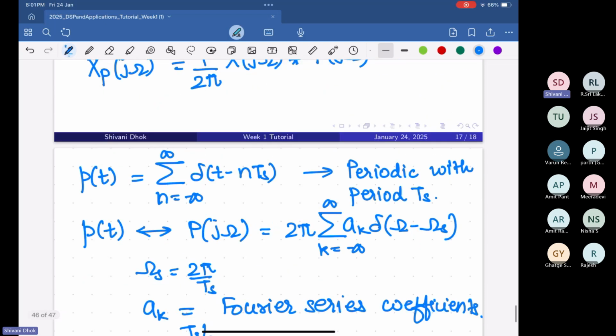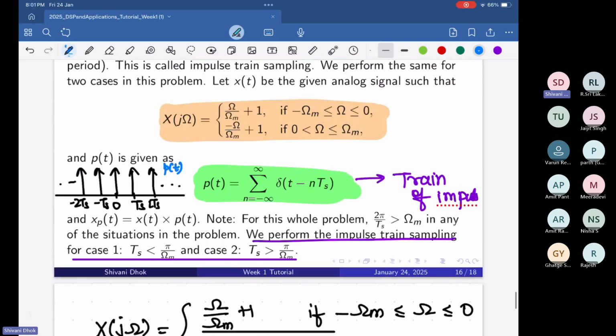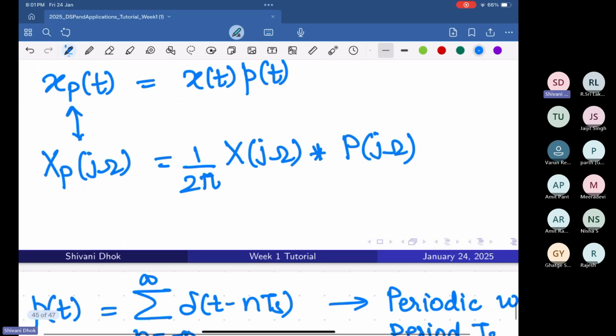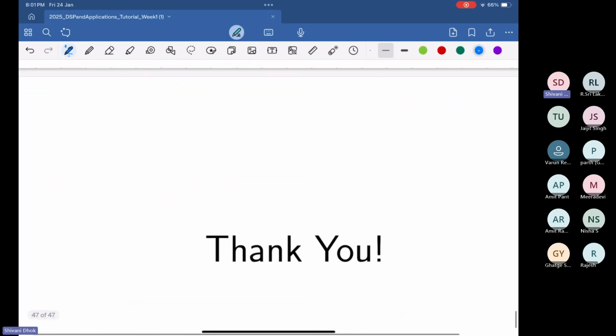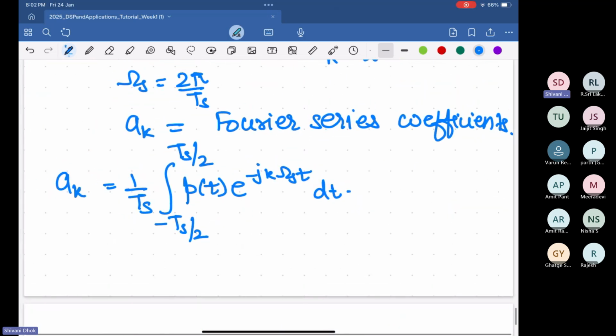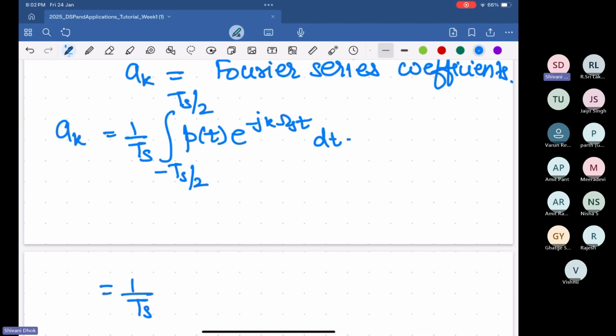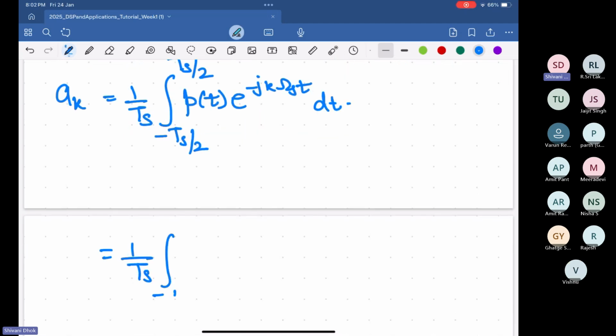Now in this region of minus Ts by 2 to Ts by 2, my P of t is equal to delta of t. So therefore, what we get is 1 over Ts, integral from minus Ts by 2 to Ts by 2, delta of t into e power minus j k omega s t dt.